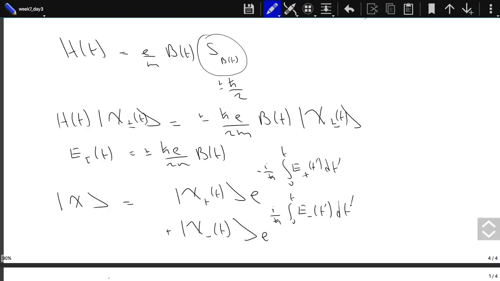If nothing was time dependent, my eigenstates would just be such a superposition, with E plus and E minus time independent and with various coefficients. Now I will also assume that the coefficients are time dependent, and what I'm trying to do is obtain C plus and C minus.